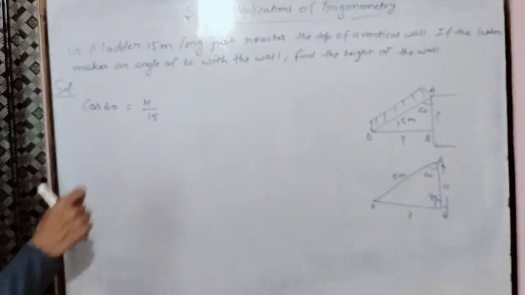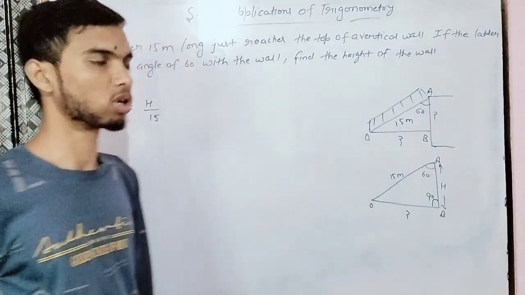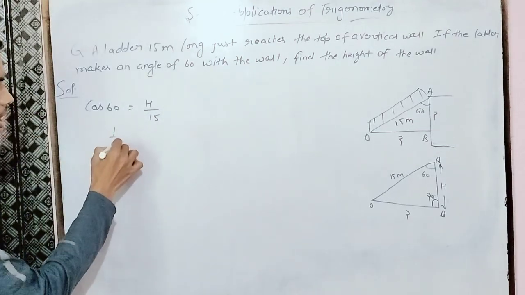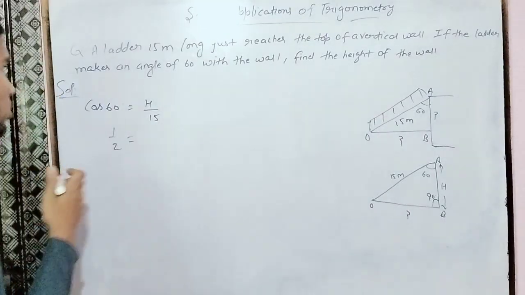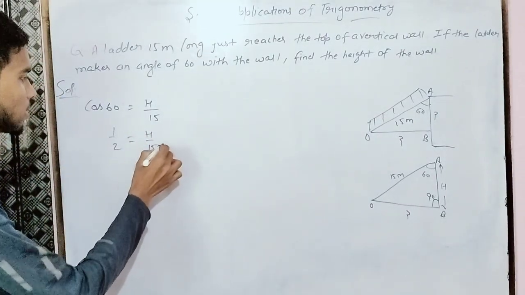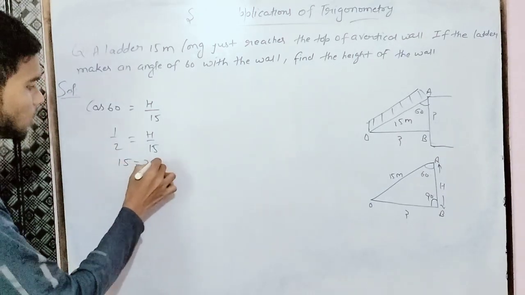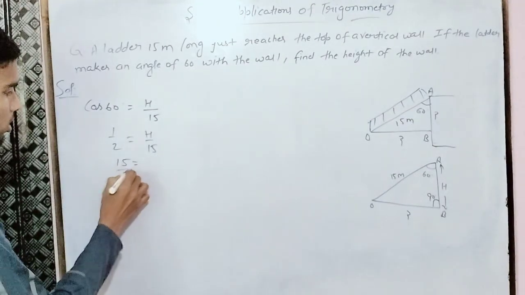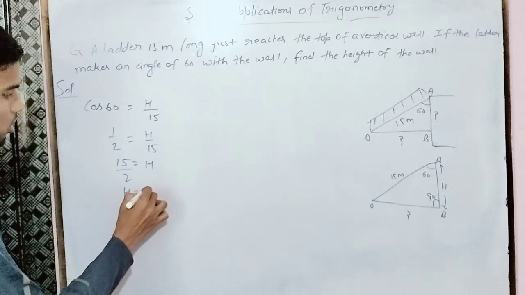So here cos 60 degree is B upon h. So this is 1 by 2, I think. 1 by 2 is h upon 15. So here this 15 goes here and 2h. So can we say that this is h?